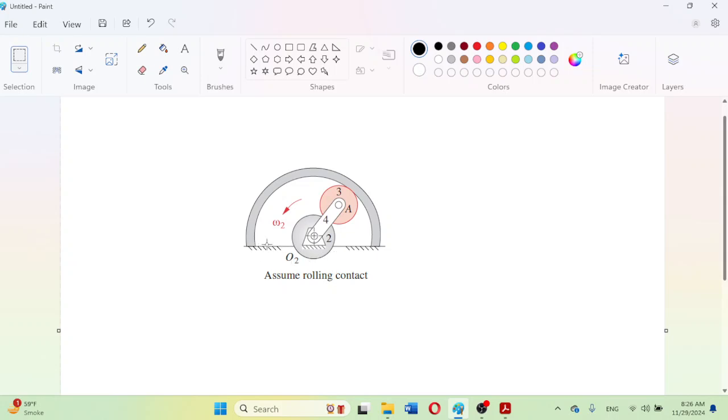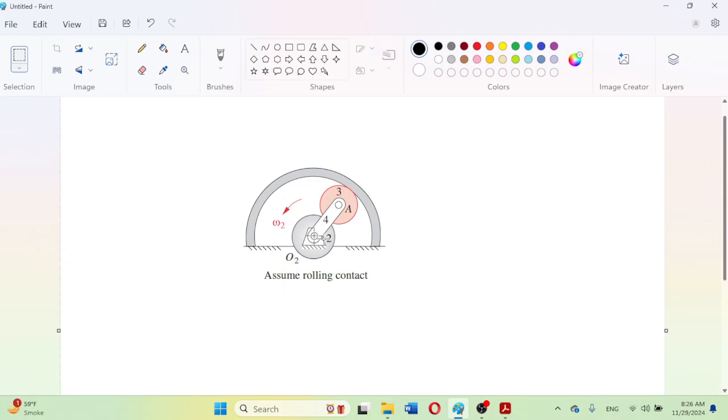This surface or this outer ring is link number 1, the grounded link. So here 3 links are pivoted at this common pin, connecting one ground, this link number 2 and this link number 4, the binary link.